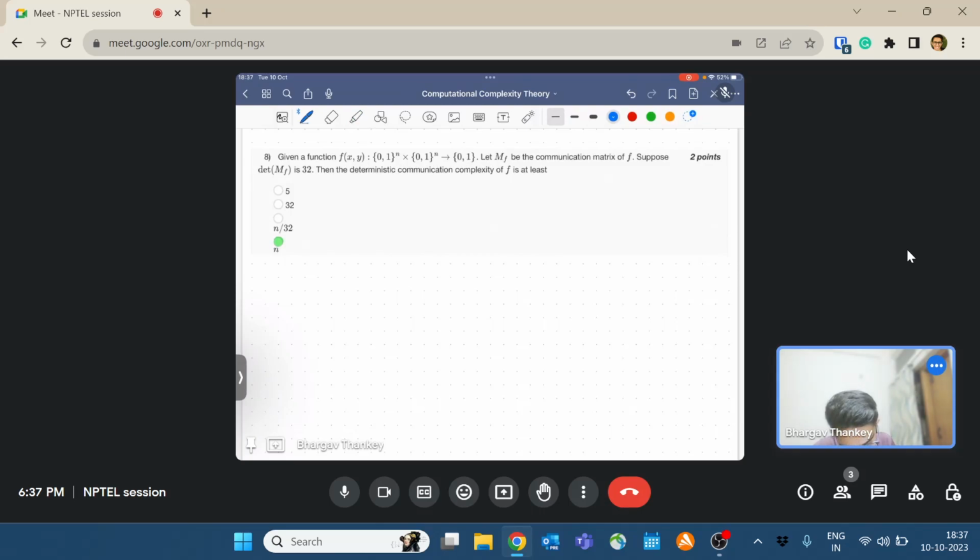We know that the deterministic communication complexity of any function is at least log base 2 of the rank of the communication matrix.